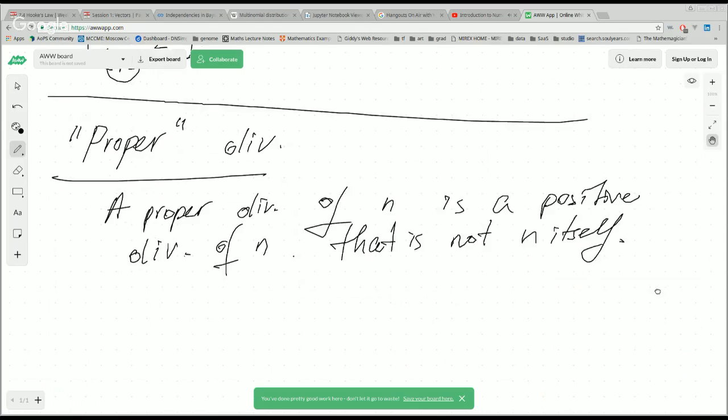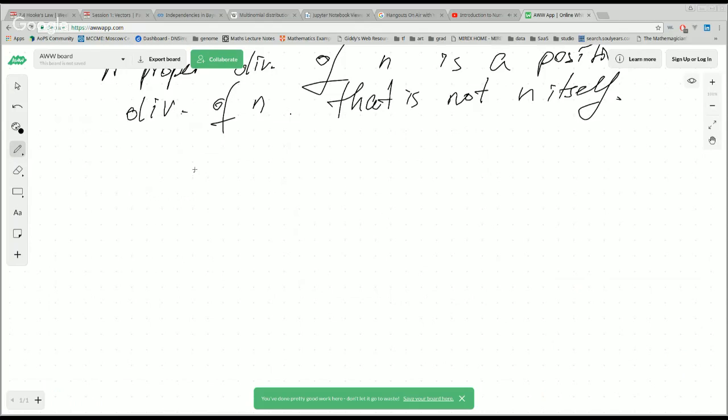So let's look at a couple examples. Let's say I take n to be 6. Now you start thinking to yourself, which positive integers are divisors of 6? Well, 1 certainly is, because 6 divided by 1 is 6. 2 is a divisor of 6 because 6 over 2 is 3. 3 is a divisor of 6, 6 over 3 is 2.